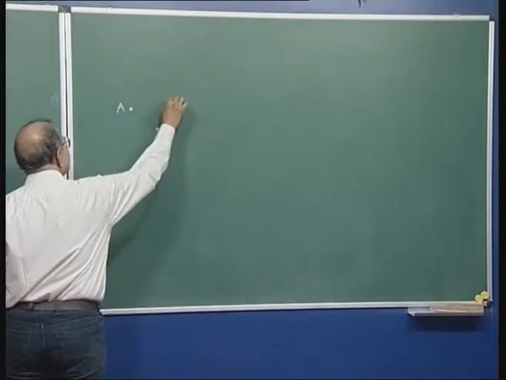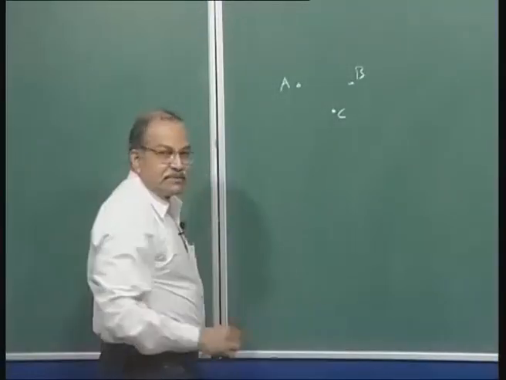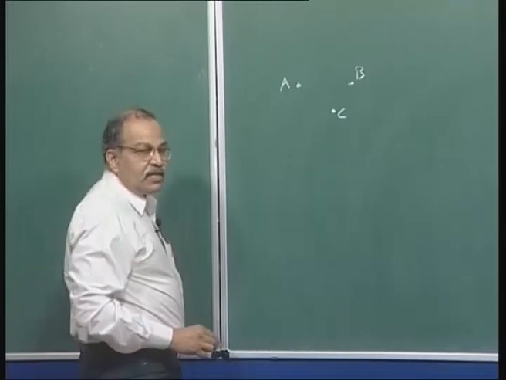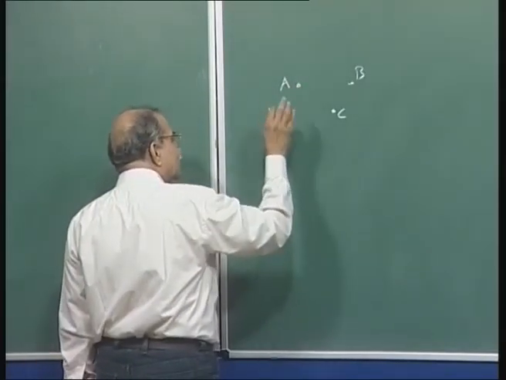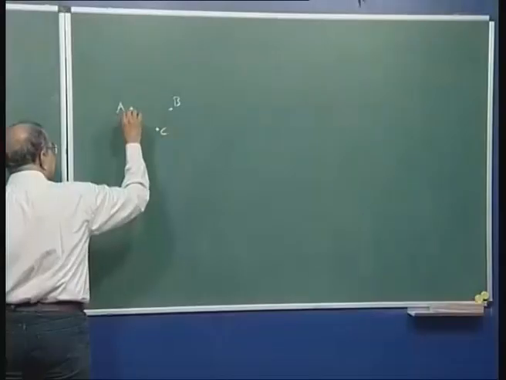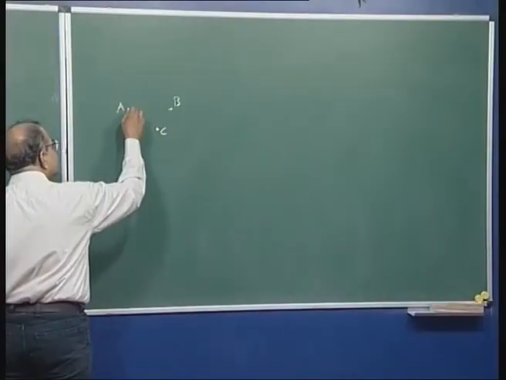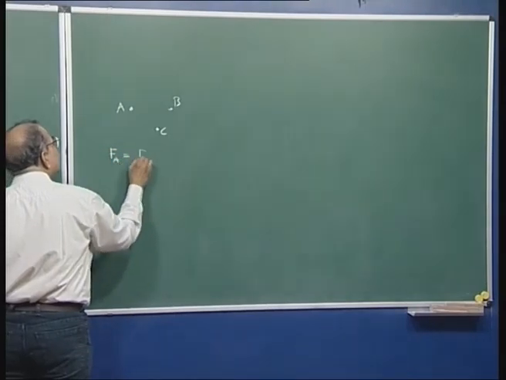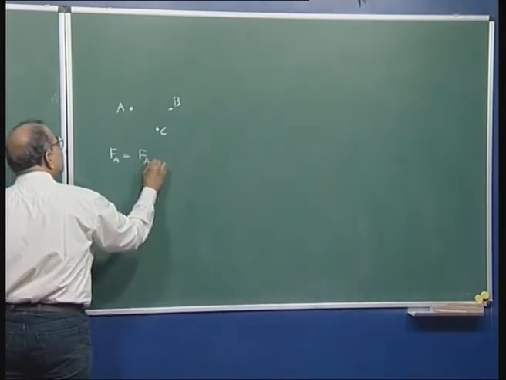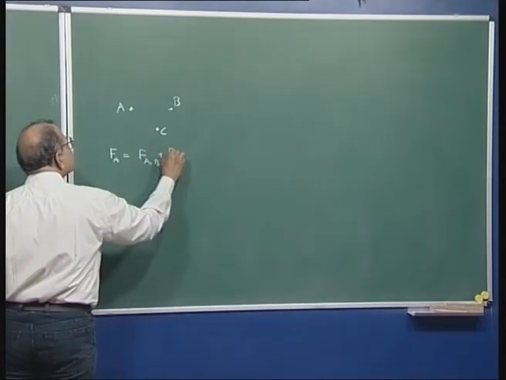This is named A, this is named B, this is named C. And you say that the force on A, we do not talk in terms of force, we talk in terms of potentials, but anyway I am not going to do any mathematics, qualitative only. So, the force on A is because of B and because of C.